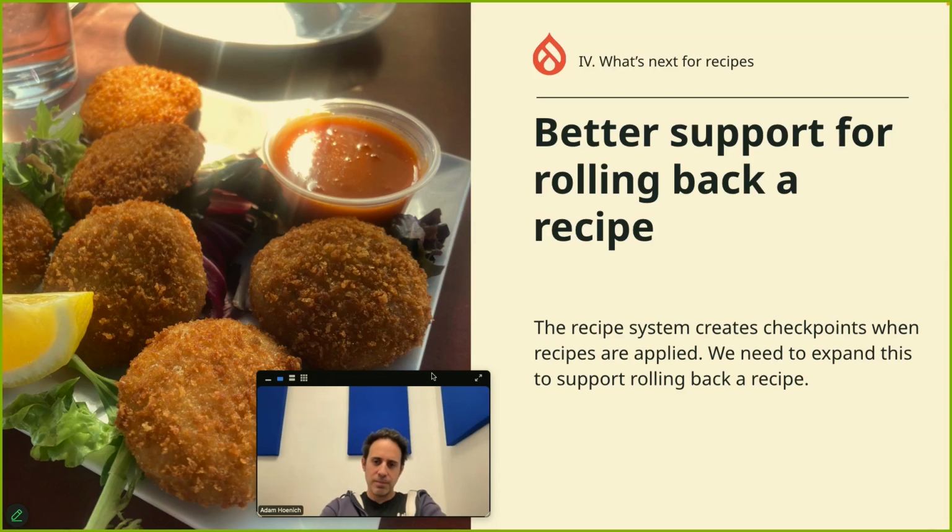So I applied this recipe from Project Browser. It talked a good game, but no, it just wasn't good. So I want to just immediately undo that. I can do that now by taking a config snapshot of my site, but I am going to definitely forget to do that sometime. So having that in core would be cool too.